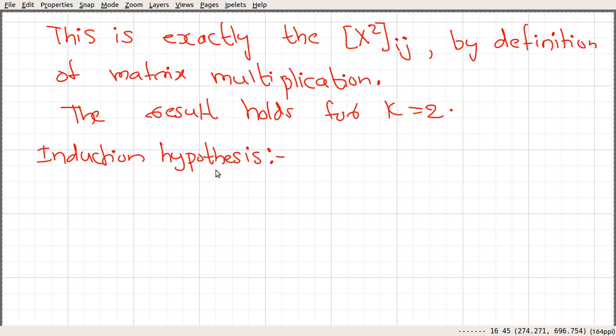Okay, so assume that the statement holds for all positive integers less than k. Okay, so assume that it holds for all positive integers, means 1 up to k minus 1.